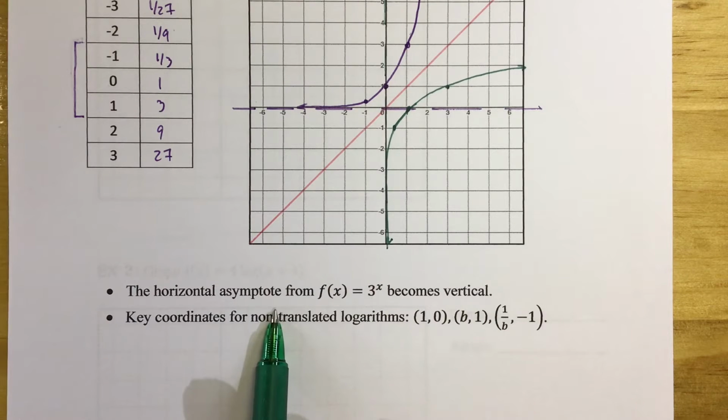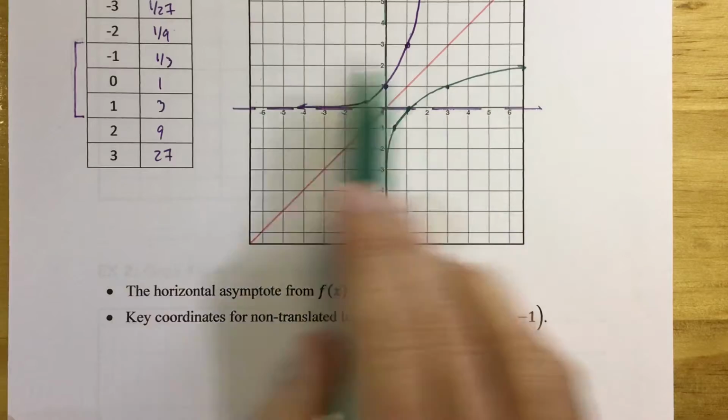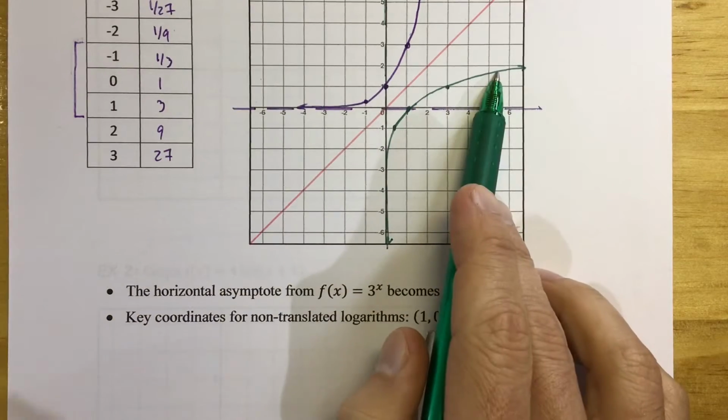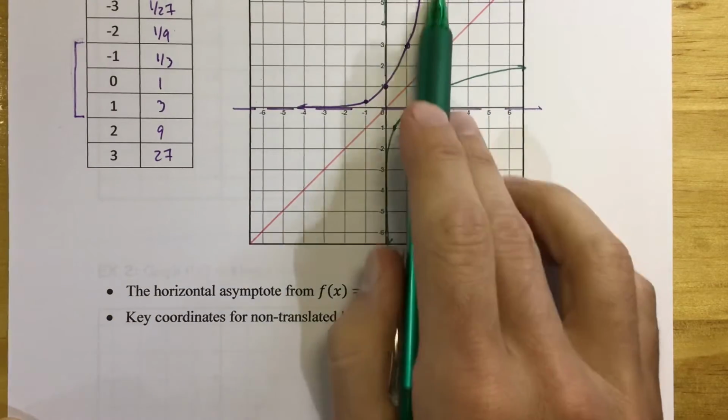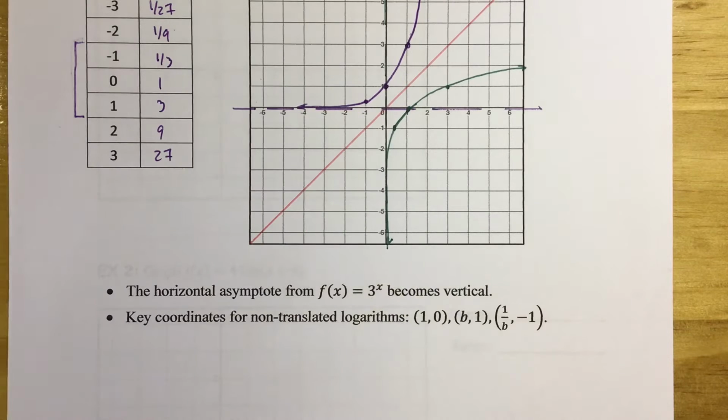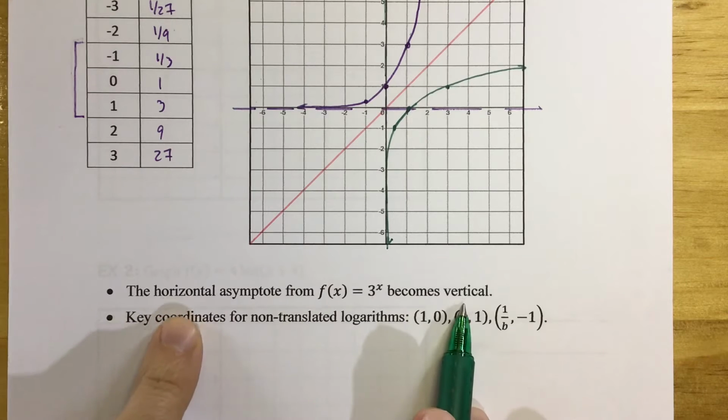Though I might not graph them this way, let me give you a hint of something. If you have a horizontal asymptote that would have been maybe at a 2, like elevated up here, that means that it's a vertical asymptote at 2 over here. I'm not going to actually graph it that way, but it's something to keep in mind if you're looking at the exponential and its inverse logarithm together at the same time. All right, so you are going to get a vertical asymptote.